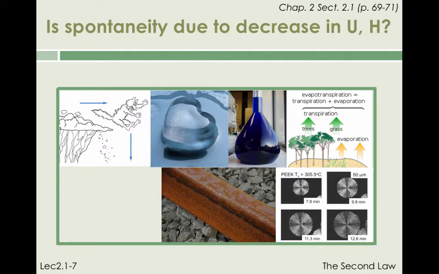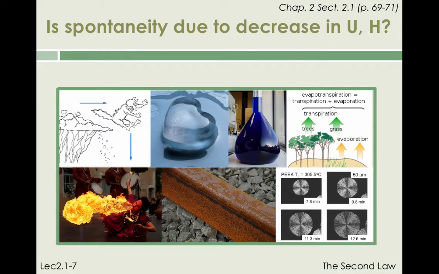Iron, when it gets oxidized during rust formation, lowers its energy and enthalpy as it becomes bound to oxygen atoms. Combustion reactions are exothermic. Hence, the carbon and hydrogen atoms present in hydrocarbons lower their energy and enthalpy as they become bound to oxygen atoms in carbon dioxide and water respectively.